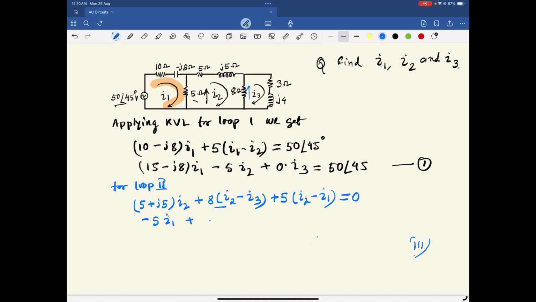So plus 18 plus J5 into I2, and I3 is minus 8 I3, is equal to 0. This is equation number 2.